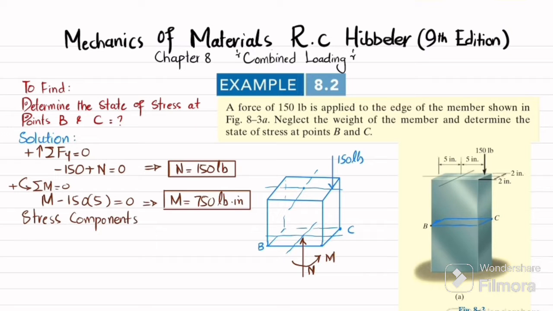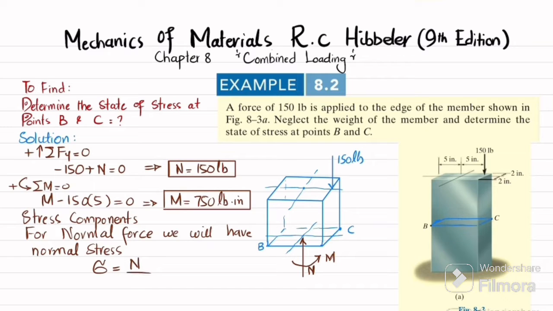So for the normal force, we will have normal stress, and this normal stress will be equal to sigma, and that will be equal to N divided by A, or you can also say P divided by A. So what is N? You can see that N is 150 pounds, and it will be negative because this will be in compression.